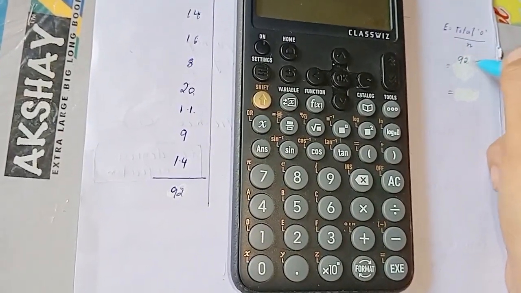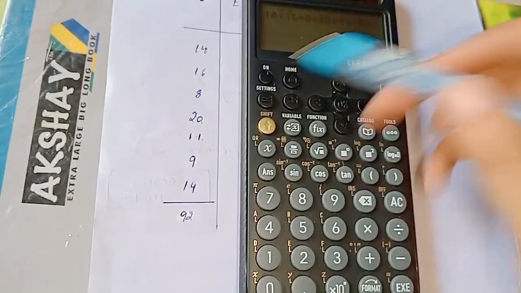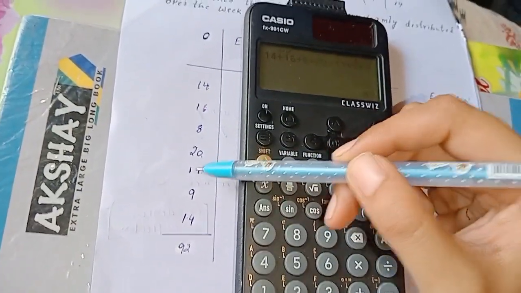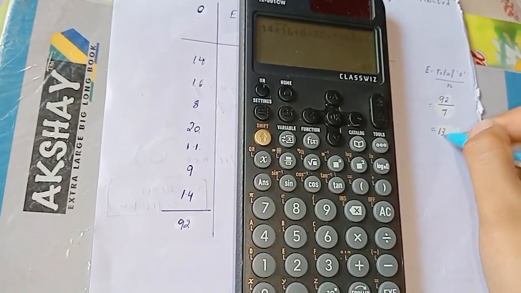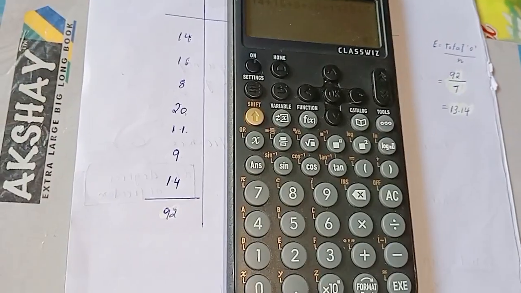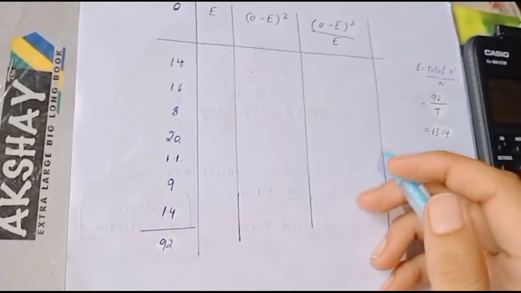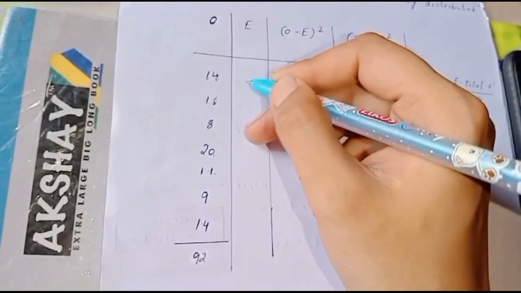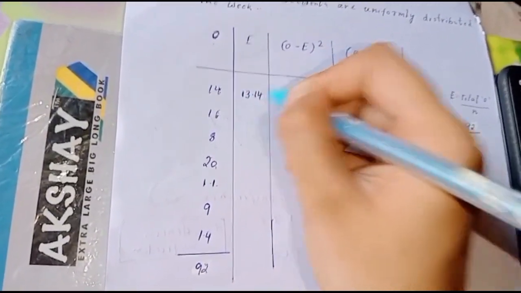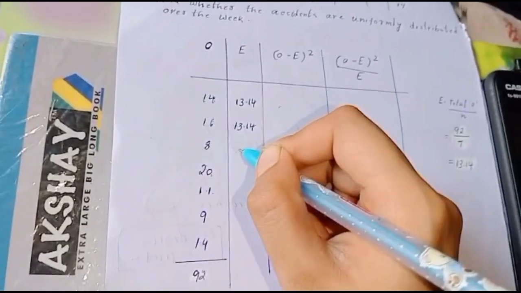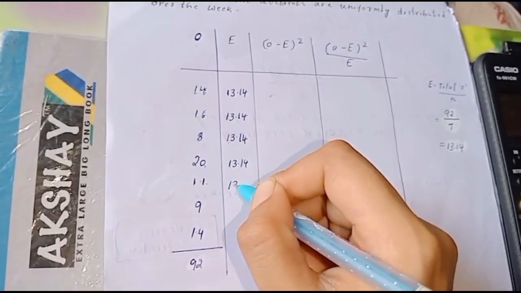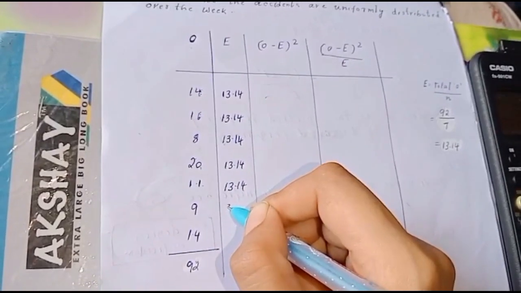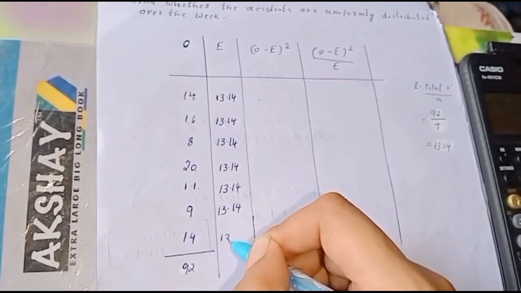Here 92 by n, where n means the number of frequencies, 1, 2, 3, 4, 5, 6, 7. 92 by 7, we get 13.14. Now the E value is 13.14. Fill this column with 13.14.